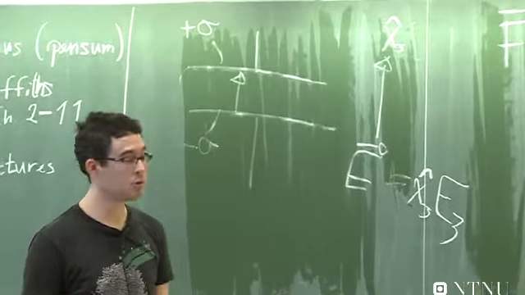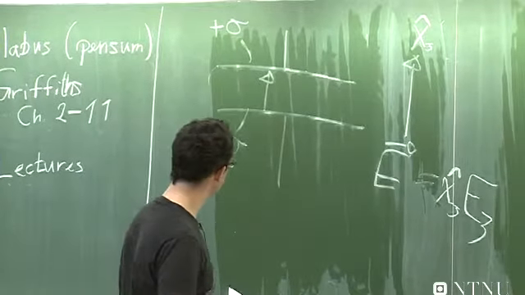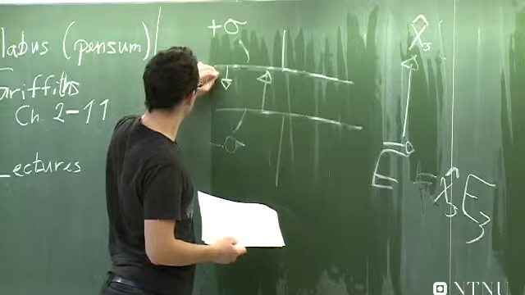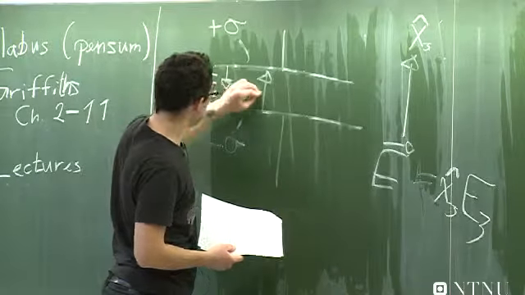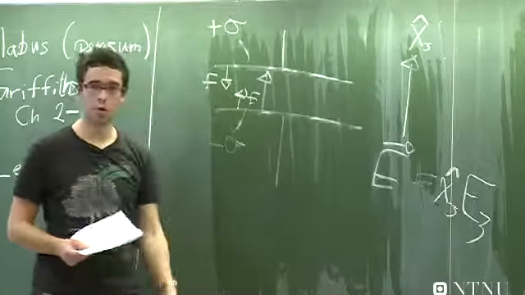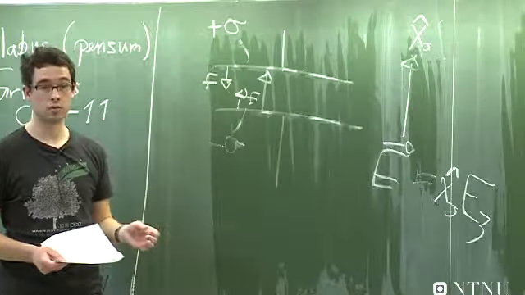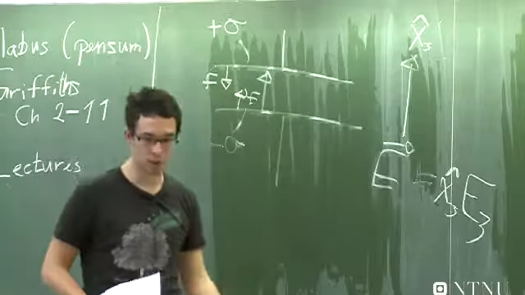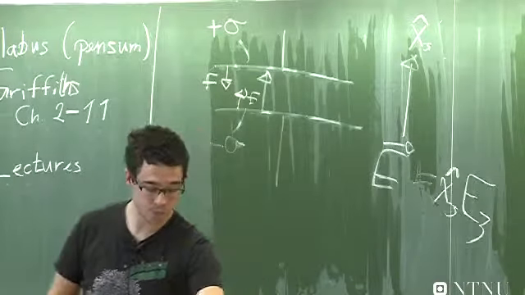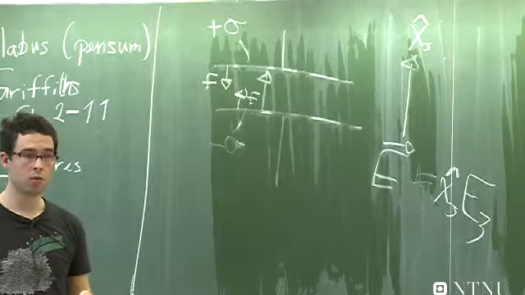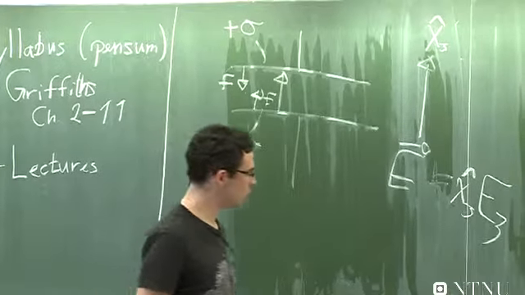But the second question was calculate the momentum flow. So there's a force on this plate, right? There's a force on this plate. Because they have opposite charge, so they'll try to attract each other. That's pretty obvious. Now, how do you calculate the momentum flow? Is there a momentum flow? Because there's no H field.